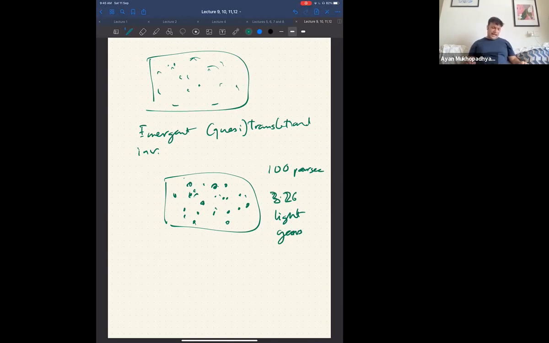So why is it emerging? It is essentially emerging because of laws of probability. Laws of probability simply tell you that it is extremely rare for configurations not to be homogeneous beyond a certain length scale.